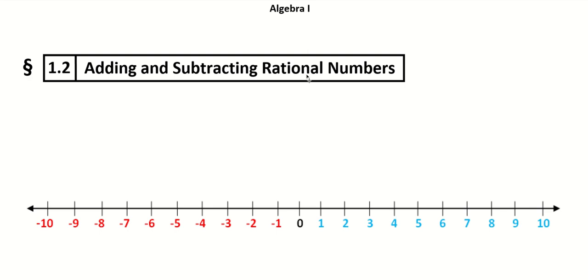Furthermore, the only numbers that are not rational would be numbers like pi, or the square root of 2, or the square root of 3, or the square root of 5. Those numbers are irrational because they have decimals that not only go on forever, but go on forever seemingly at random, with no repeating pattern.